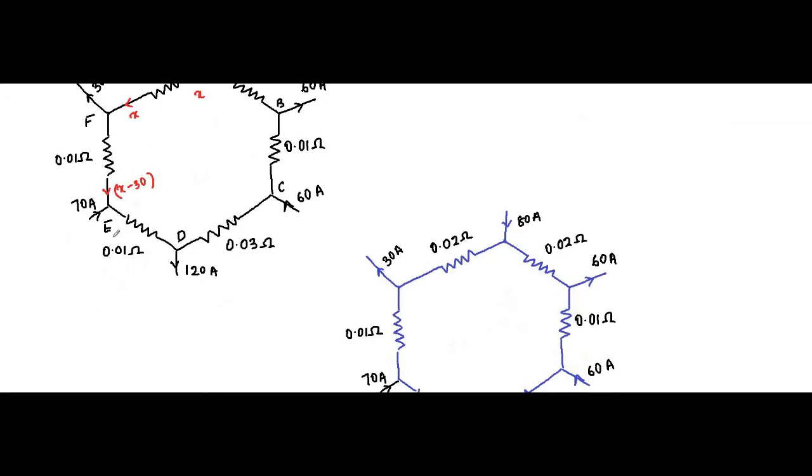So it will be the sum, X minus 30 plus 70, which will be X plus 40, flowing through this 0.01 ohm resistor.